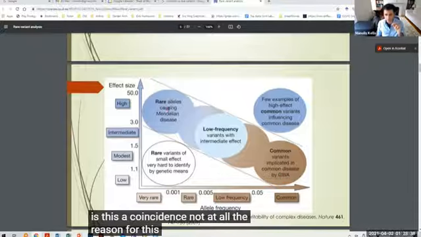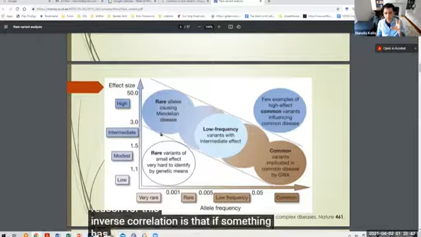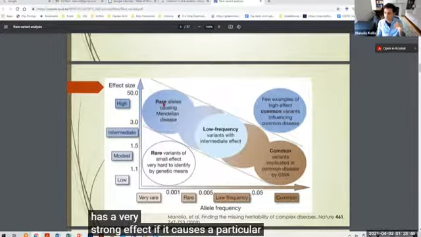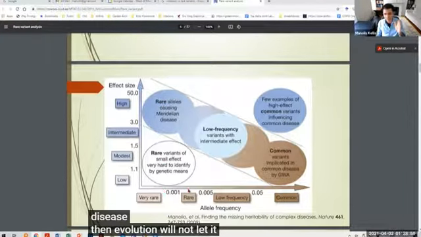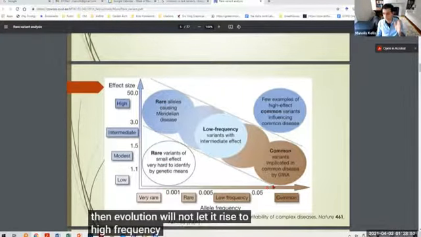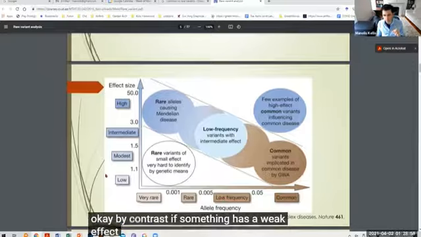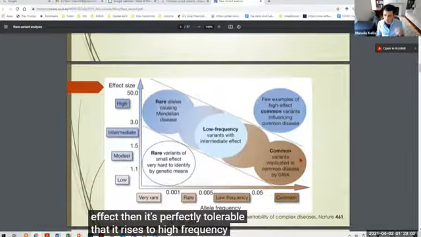The reason for this inverse correlation is that if something has a very strong effect, if it causes a particular disease, then evolution will not let it rise to high frequency. Okay. By contrast, if something has a weak effect, then it's perfectly tolerable that it rises to high frequency.